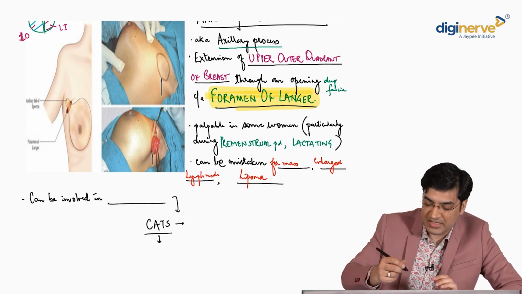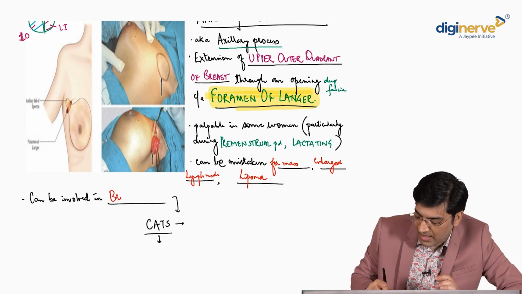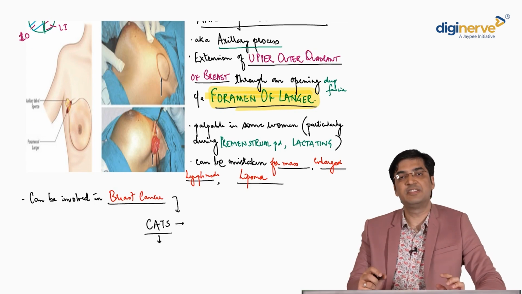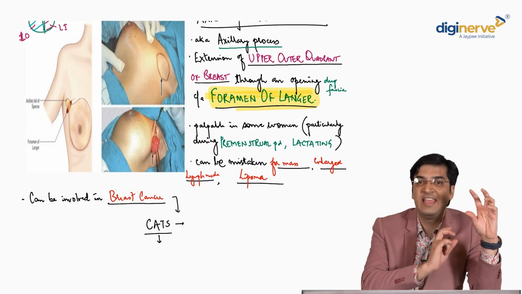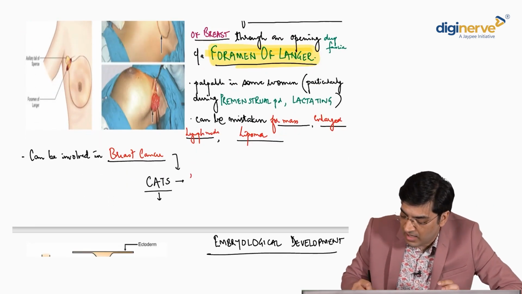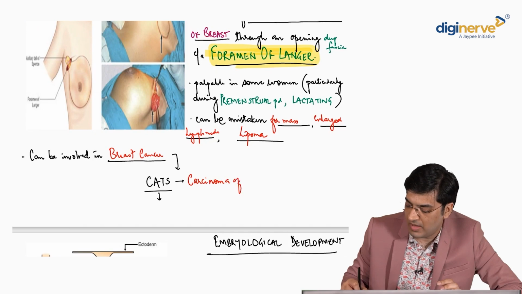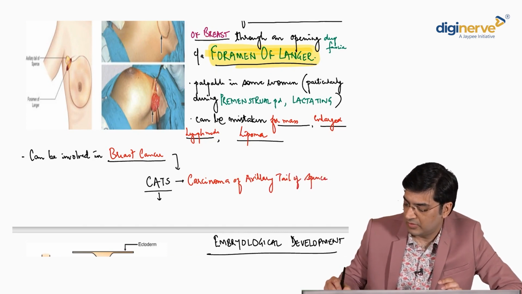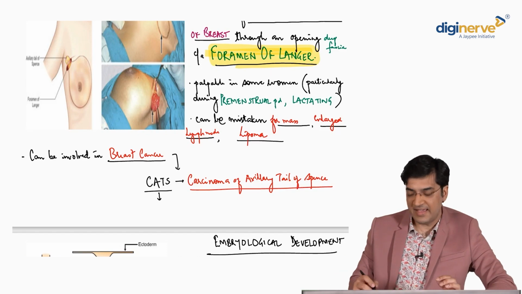That cancer which occurs specifically only in the axillary tail of Spence is called as carcinoma of axillary tail of Spence, short form CATS.